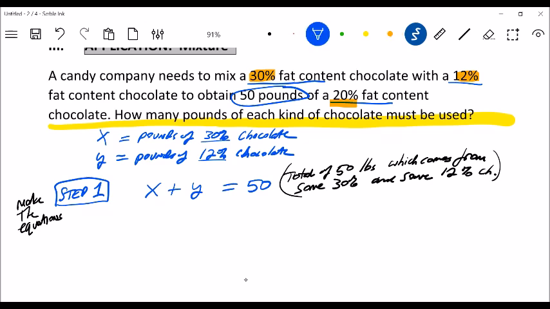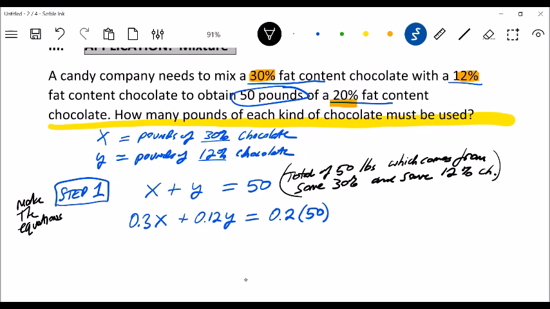So we can use that to our advantage by saying 0.3x, because that's 30% as fat content, plus 12%, which is 0.12y, is equal to 20%, 0.2, times the 50. That's our second equation. So the first equation is the total of 50 pounds, and the second equation is based on the fat content of each type of chocolate.